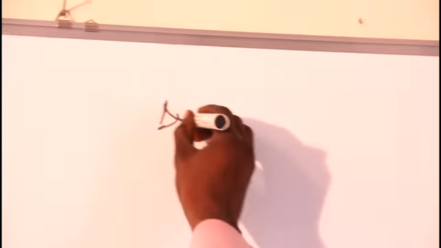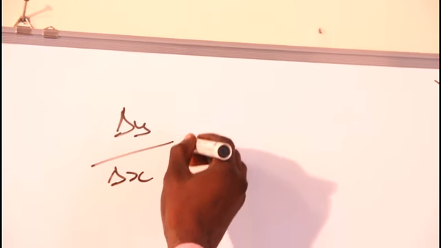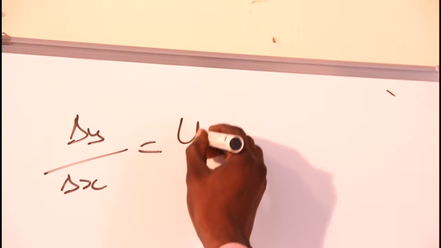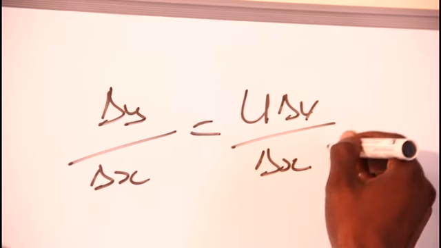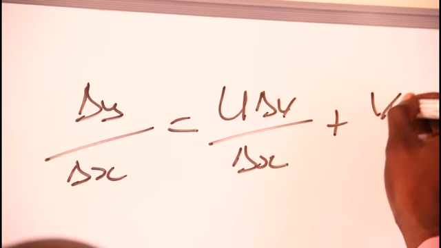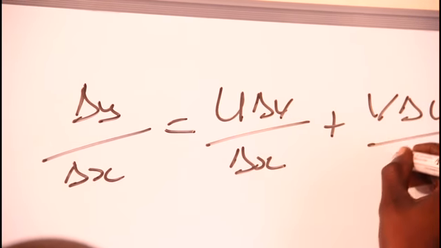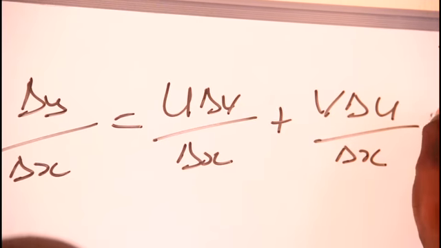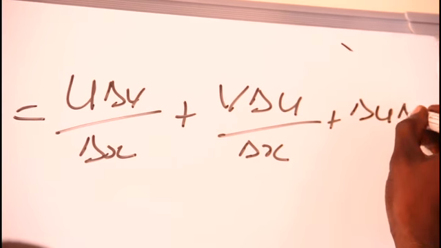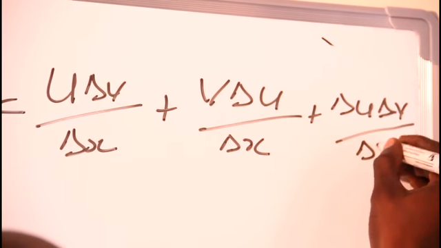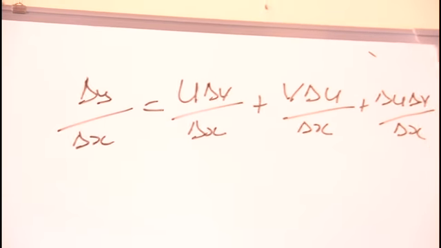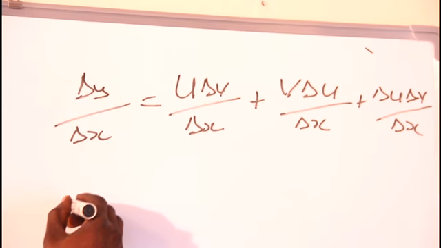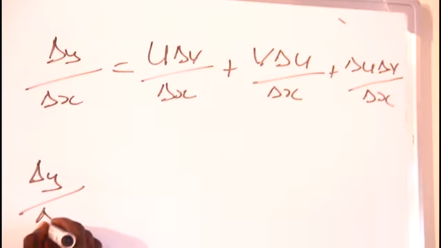That will give us change in y over change in x equal to u change in v over change in x plus v change in u over change in x, plus change in u change in v over change in x.